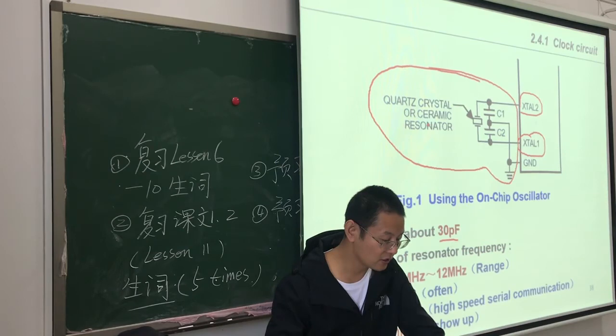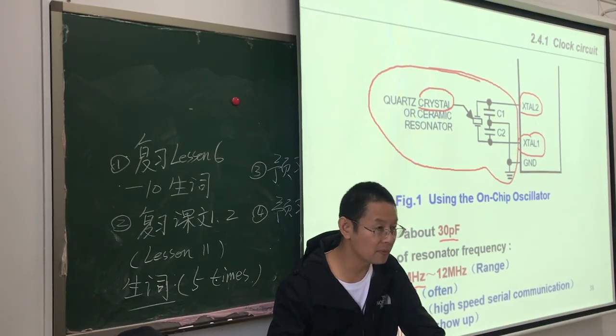The crystal frequency may be 1.2 MHz to 12 MHz. Often we use 6 MHz, sometimes 12 MHz. If we need high speed working, maybe use 40 MHz.